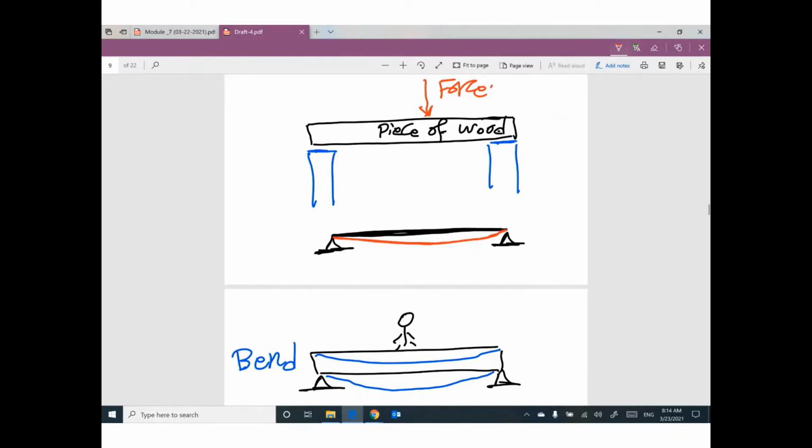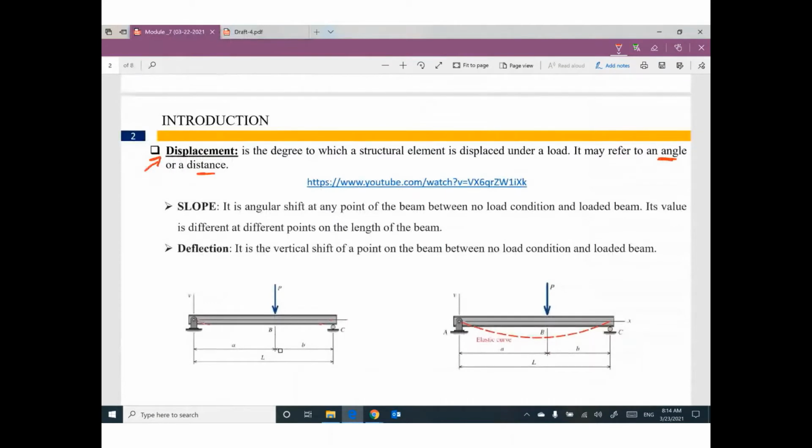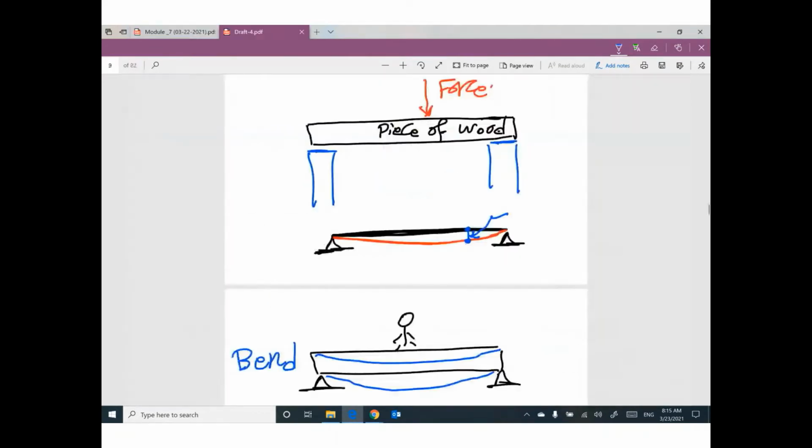So the original position of this point moved down to a new position here. So we have distance. This point moved a distance.